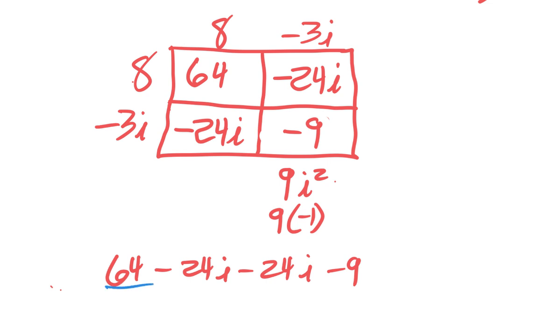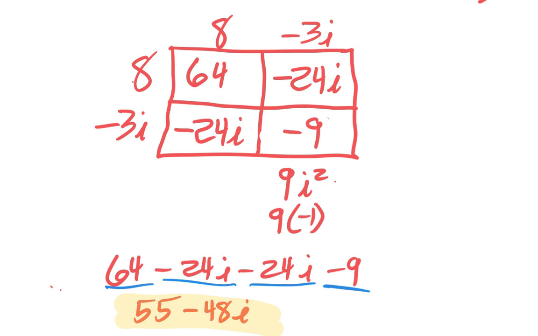Combine my like terms. I have the 64 minus 9. That's going to give me 55. And then I have a negative 24i minus 24i again. And that's going to give me a negative 48i. All right. So we're going to highlight that yellow. 55 minus 48i. So we're going to put 55 minus 48i on our paper.